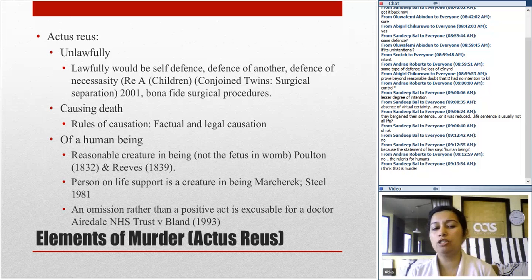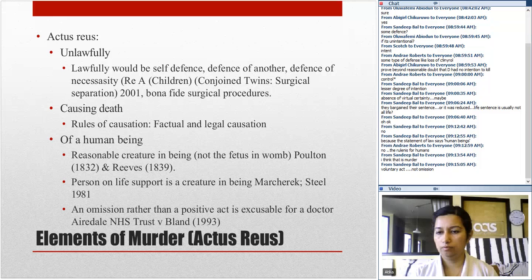What does it mean that an omission rather than a positive act is excusable? What would be the omission in that case? And what would be the voluntary act that will put the doctor under murder?